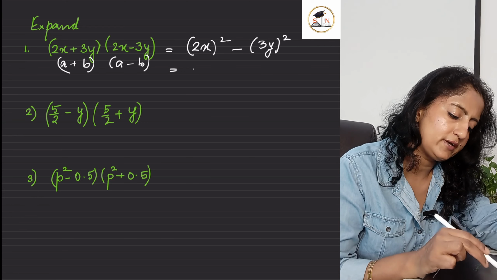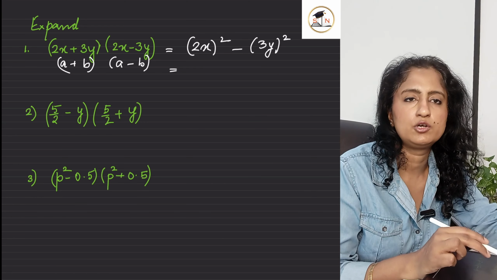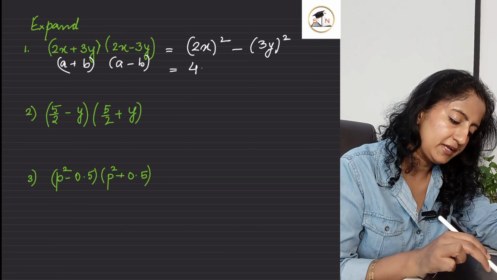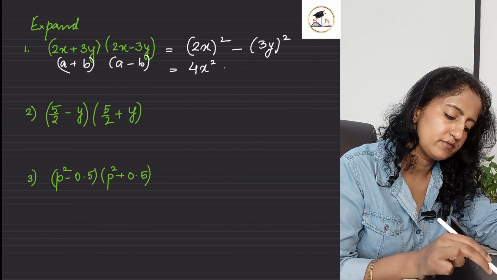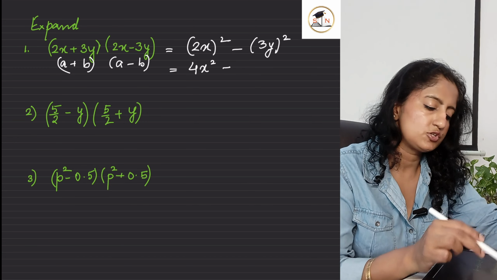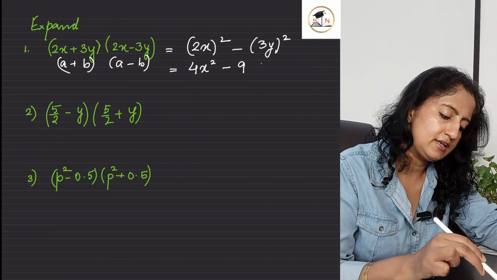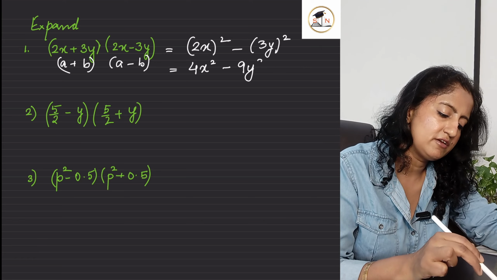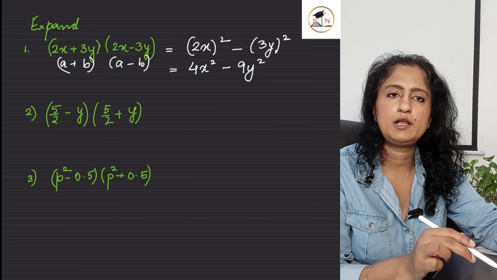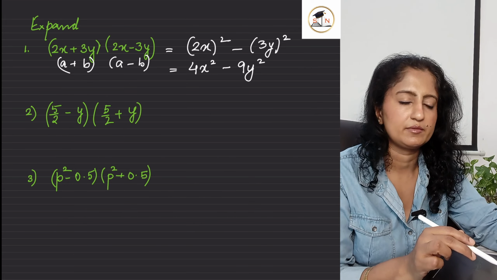So (2x) whole square means we have to square 2 and x both. So square of 2 is 4 and square of x is x square. Now similarly we need to square 3 as well as y. So the square of 3 becomes 9 and square of y becomes y square, getting us our answer, that is 4x square minus 9y square.